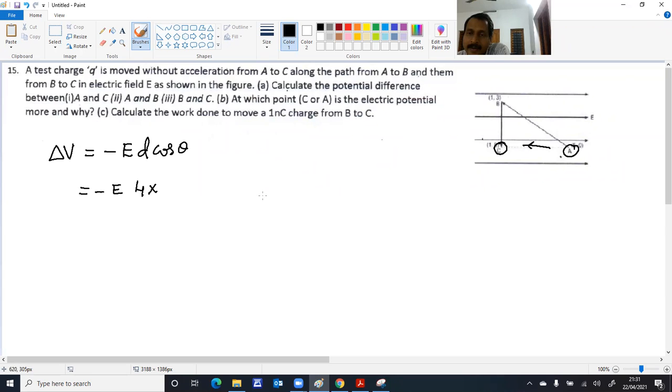The displacement is towards left, the field is towards right, so this will be -1. Take the angle between these two quantities: electric field is right, displacement is left.